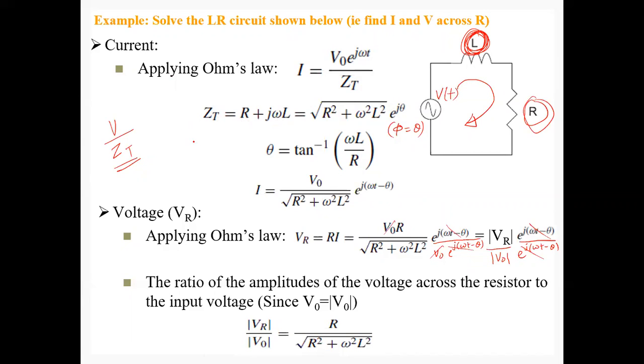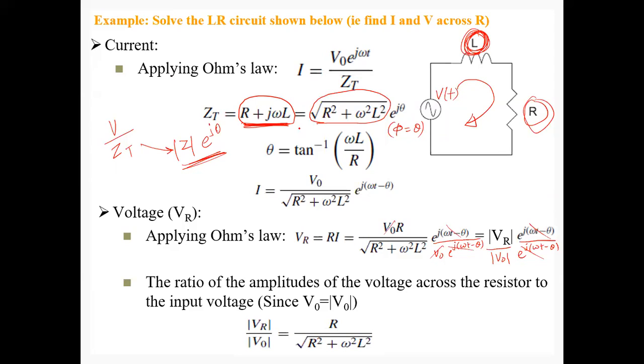Remember, anything can be written as Z e to the j theta. So that's how you can write this G. If you know this, how do you find the magnitude? It's the square root of R squared plus omega squared L squared. That's what we did before.